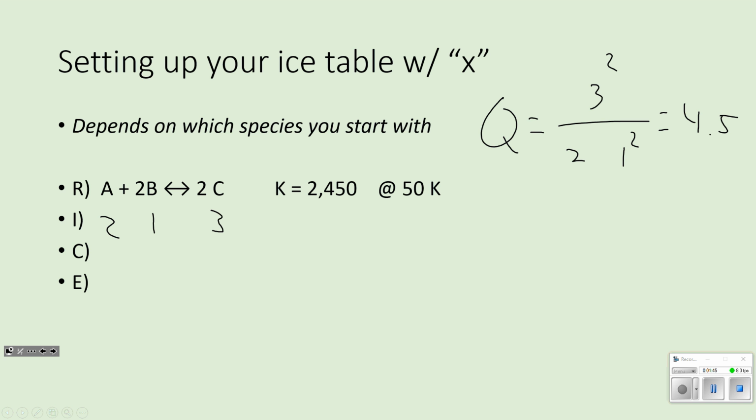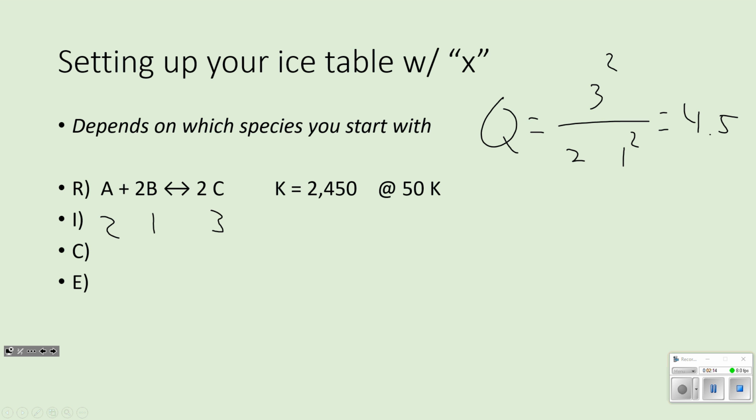Now, there's a couple of ways to analyze this then. You can actually think about what K and Q mean. They are numerical values of products over reactants. Notice that my Q value is smaller than my K value. That must mean at equilibrium, I have a greater ratio of products per reactants than I do at whatever's happening right now initially, because my Q value is smaller.